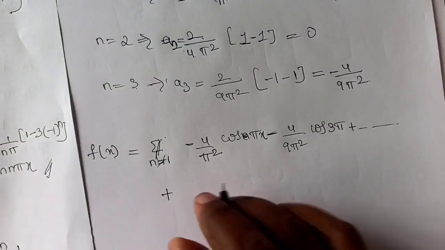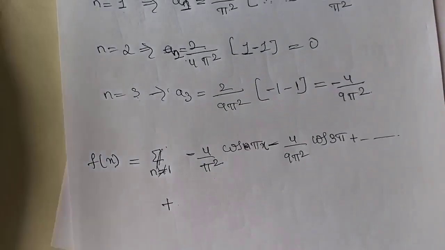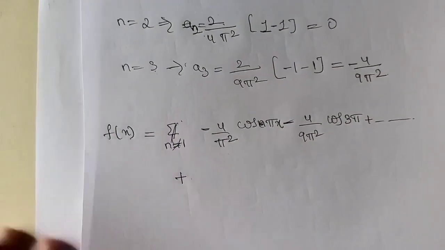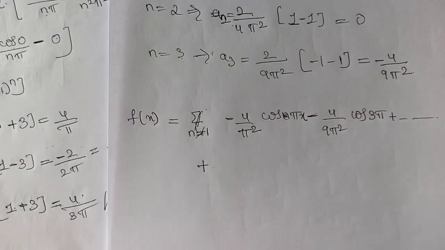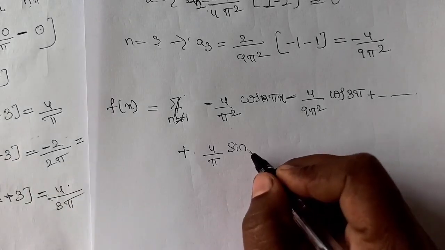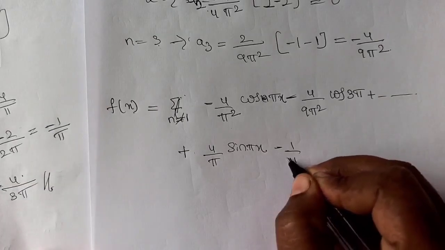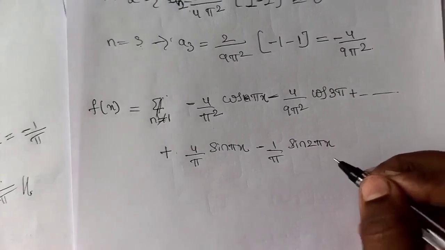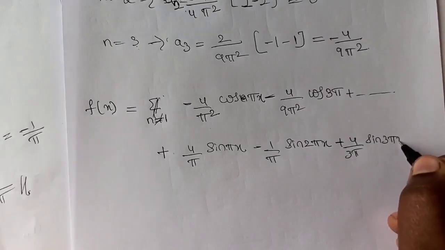Now for Bn, we substitute the Bn values, B1, B2 and B3. We get 4 by pi sin pi x minus 1 by pi sin 2 pi x plus 4 by 3 pi sin 3 pi x and so on.